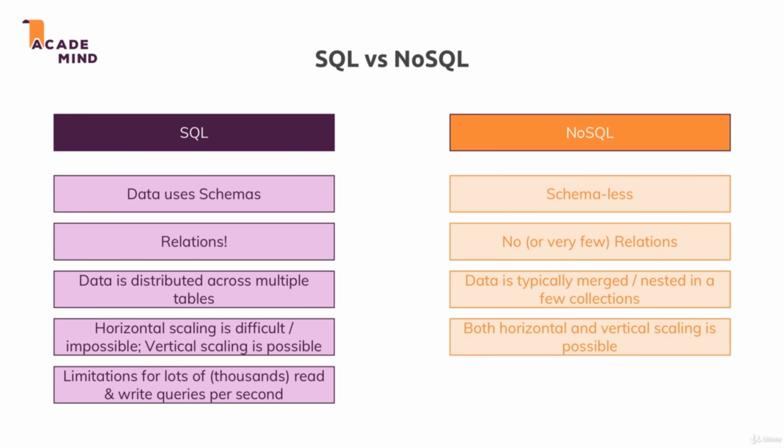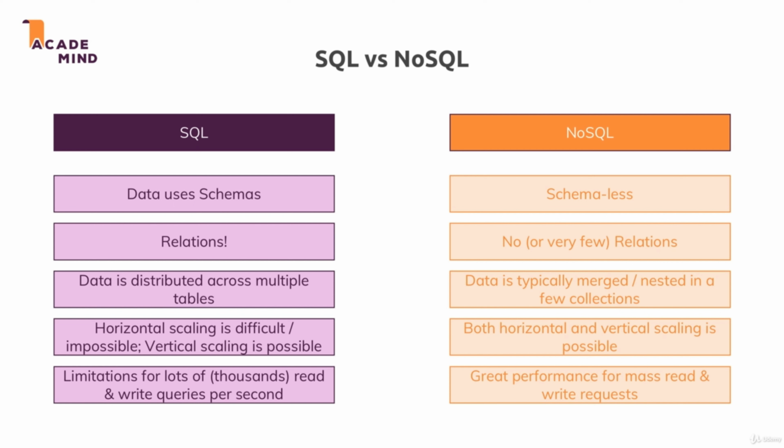Still something where you have to know what you do, but there are cloud providers which do that for us, so we don't have to know the ins and outs of that. And in general, due to the way it works, with fewer connections and so on, this is possible. And therefore, we also get great performance for mass read and write requests, and NoSQL can be very performant in an application with high throughput.